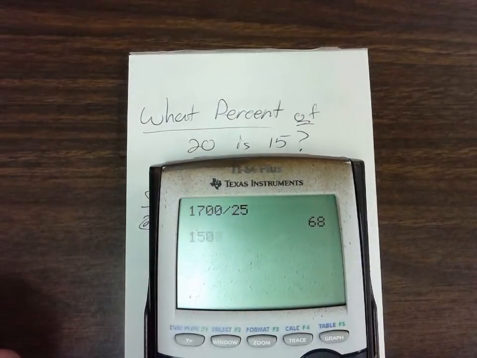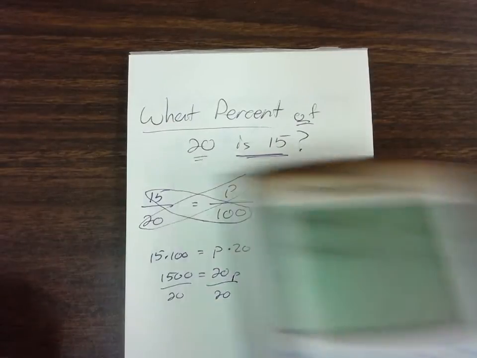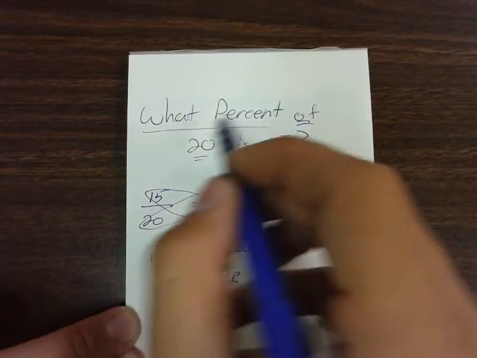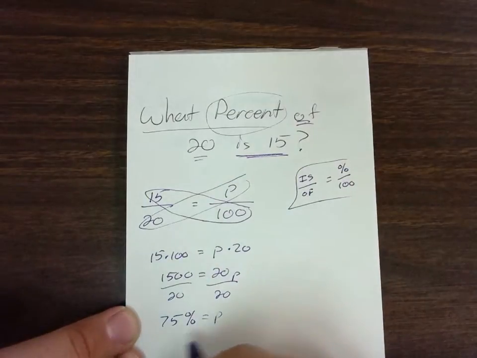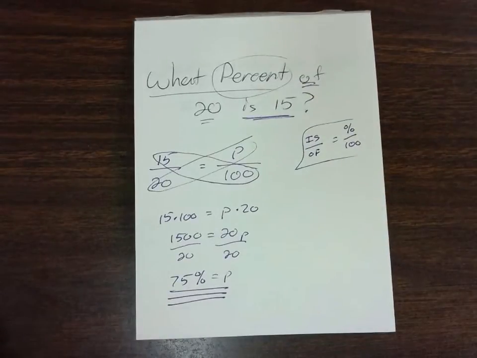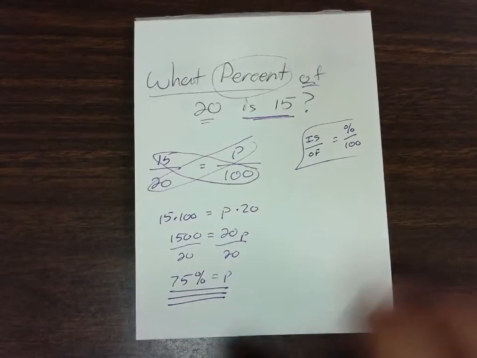So that's 1500 divided by 20, enter, 75. And that's a percent, right? Because we were looking for what percent. And we're done. Take a second if you need to copy that down. We're going to keep doing tons of examples before we turn you guys loose on the homework.